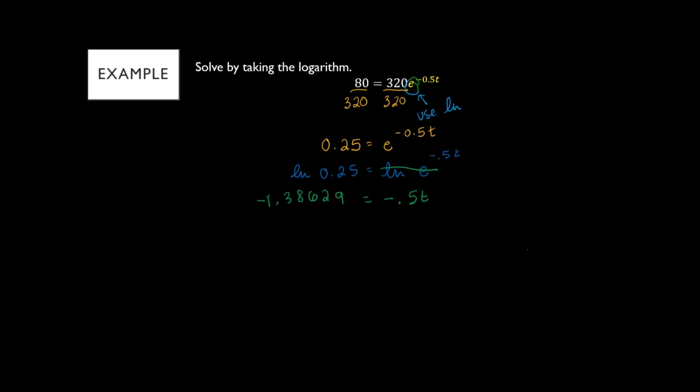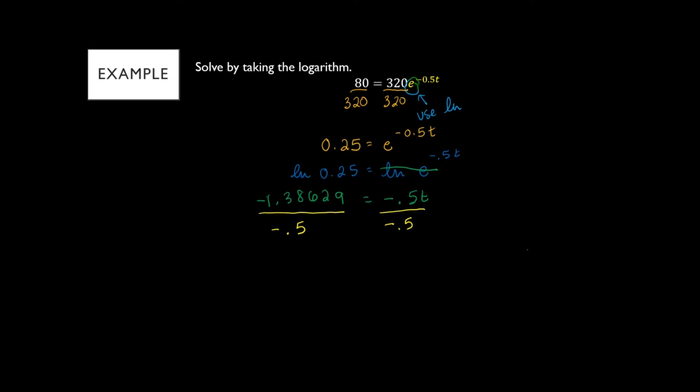So now all we need to do is divide both sides by the negative 0.5 because we're solving for t. I usually do that straight on my calculator after I hit the natural log.